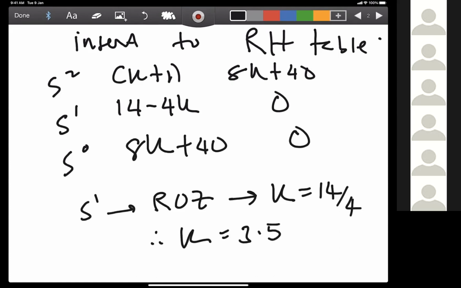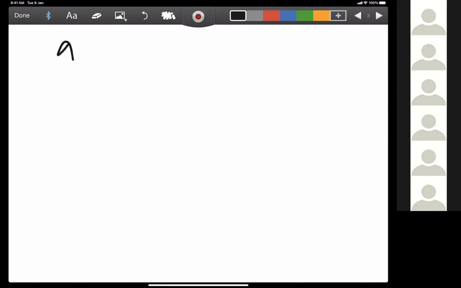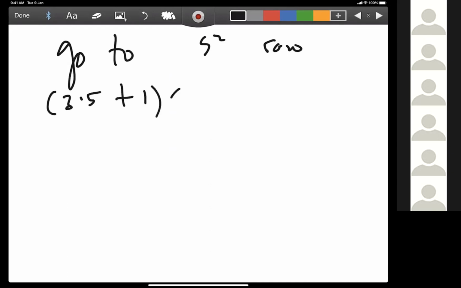Then go to the s² row. You will get (3.5 + 1) s² plus 8 times 3.5 plus 40.